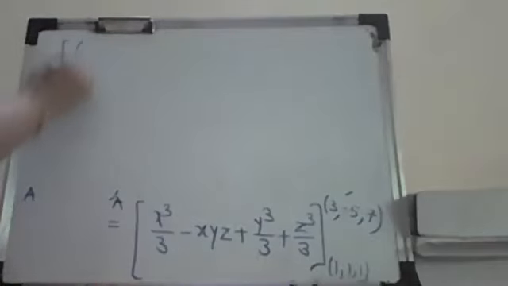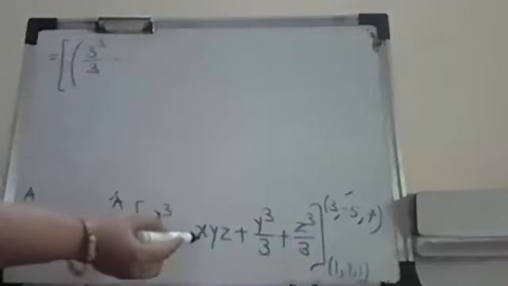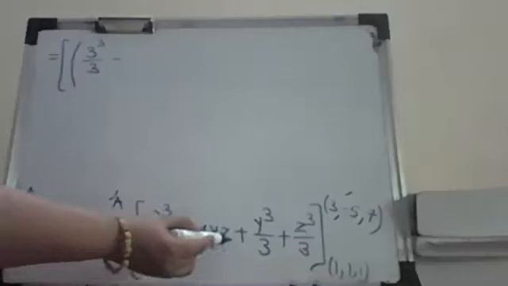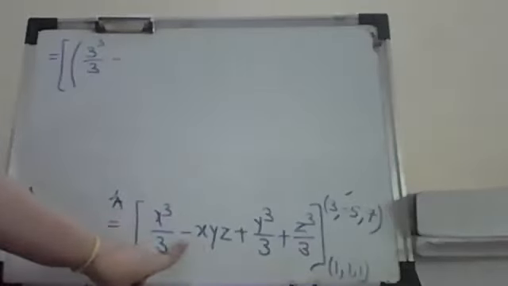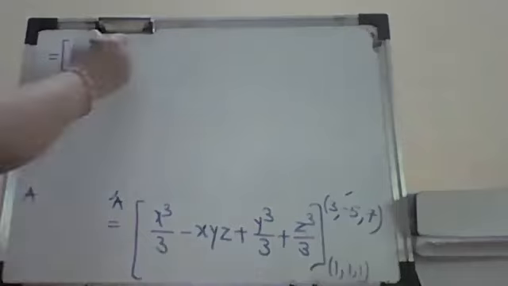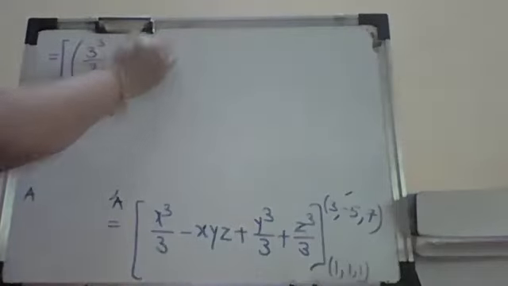When I put the upper limit, I get 3 cubed upon 3 minus 3 into -5 into 7. So 5 threes are 15, so it becomes plus 15. 15 sevens are 105. So you'll get this as plus 105, correct?